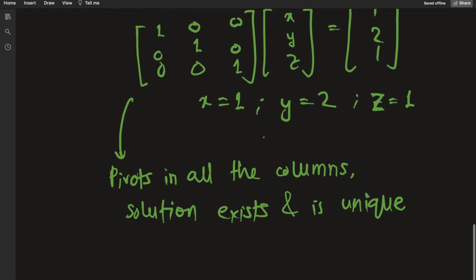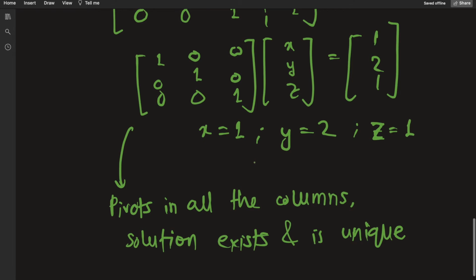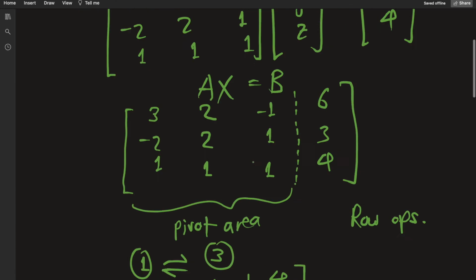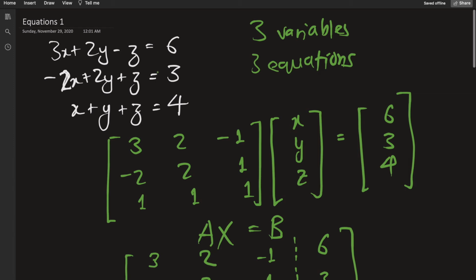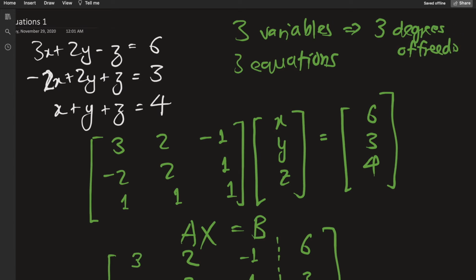Now, there might be some cases where the solution is inconsistent, but whenever we have square matrices like this, there's a big chance of this happening. I think about it this way. We have 3 variables, we have 3 degrees of freedom, and we have 3 constraint conditions that we need to satisfy.